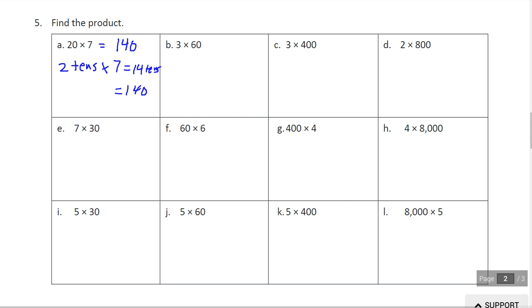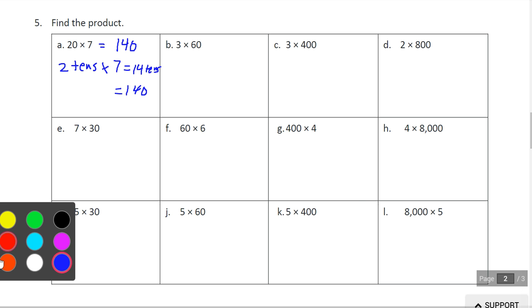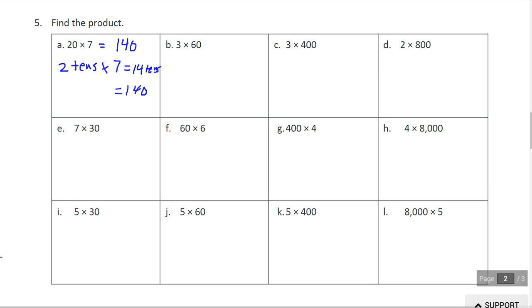Let's see what that looks like for C. Well, what's 3 times 4? 3 times 4 is 12, but then I've got 2 zeros because that's hundreds.